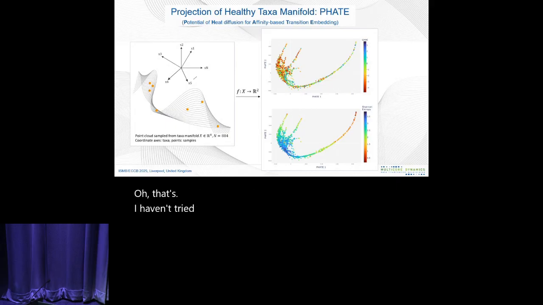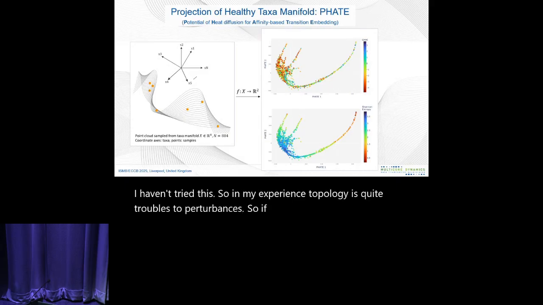In my experience, topology is quite robust to perturbations, so if those feature reductions do not massively perturb the data... I'm brainstorming here. I don't have experience with this type of analysis to see if feature trimming or engineering would influence the topological model. This is a different line of investigation that I haven't done.